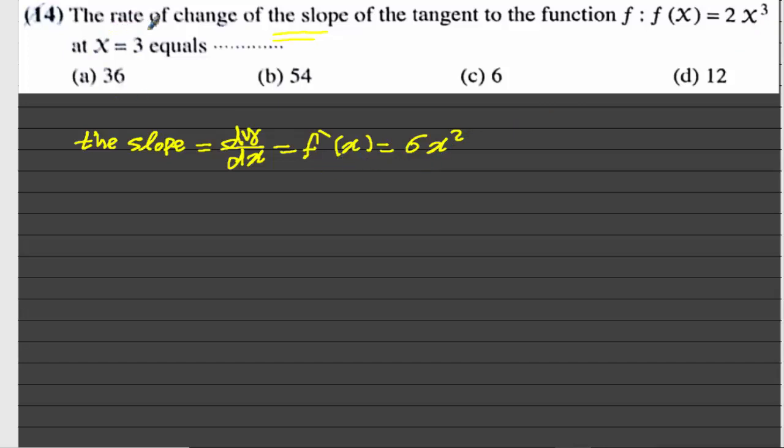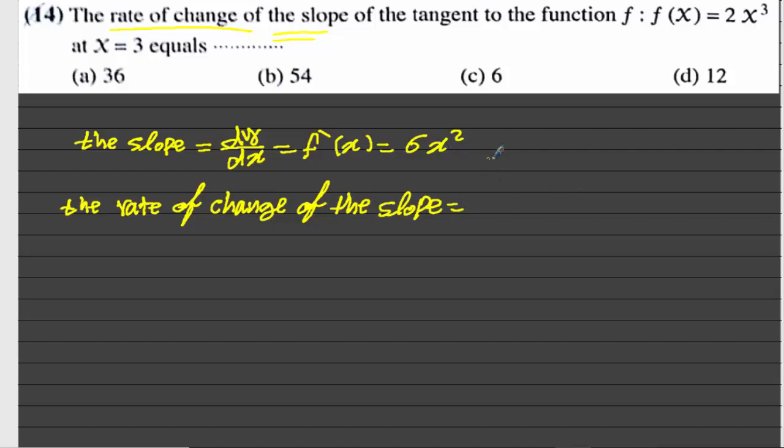But the requirement here is to find the rate of change of the slope. So the rate of change of the slope equals the second derivative of f of x.